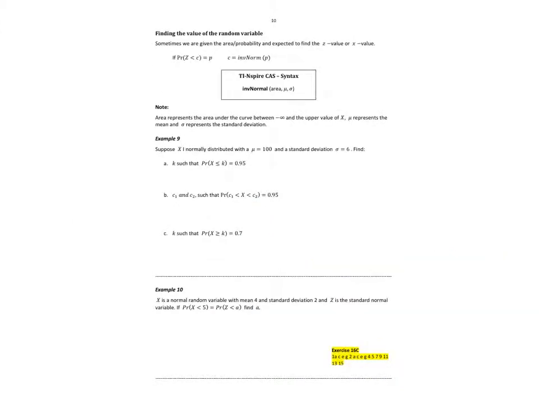Okay, so what our inverse normal distribution tells us is we're working back a little bit. If I've got a particular probability that I need to work out, if I need to know what value, how many standard deviations will give me a probability of, say, 0.78, that's what I use the inverse normal for.